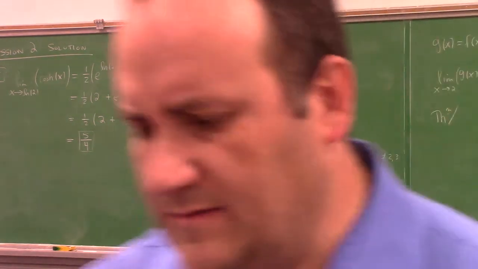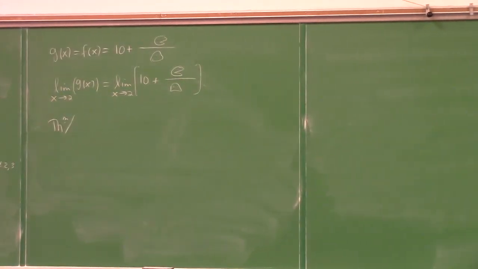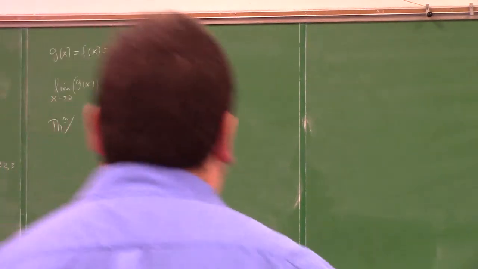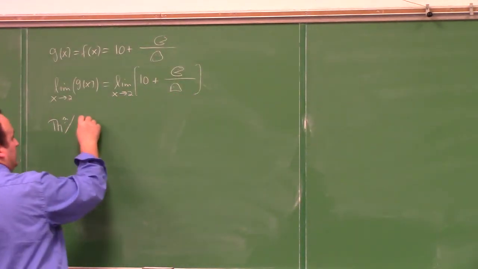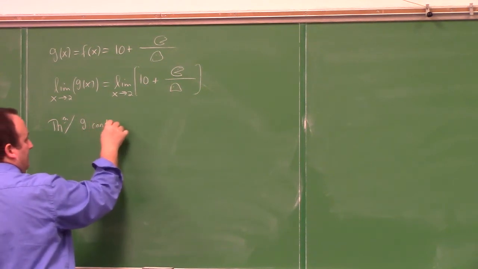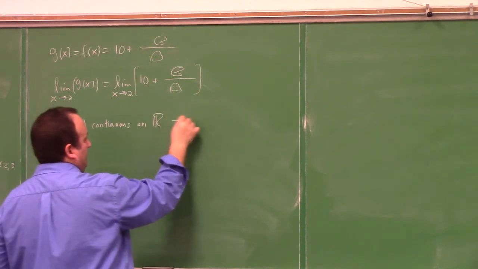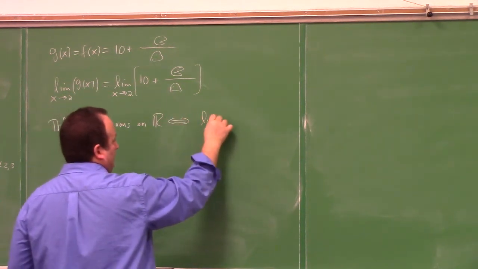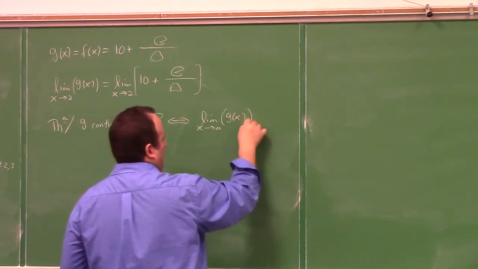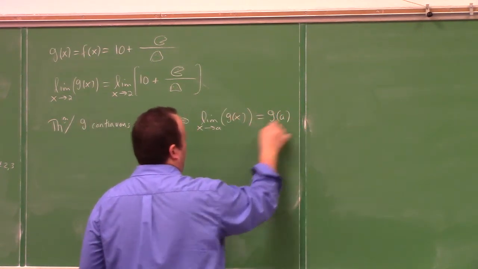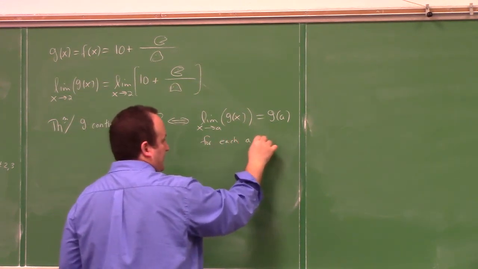But it is a close cousin, if you will, to say that g continuous on the reals means the limit as x goes to a of g of x is equal to g of a for each a in the reals.